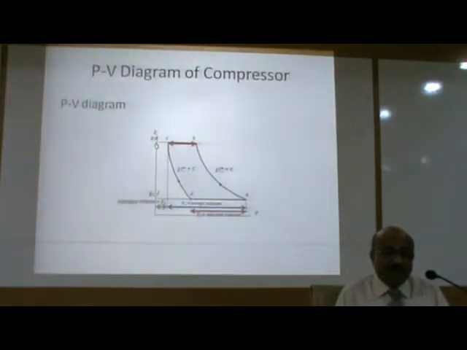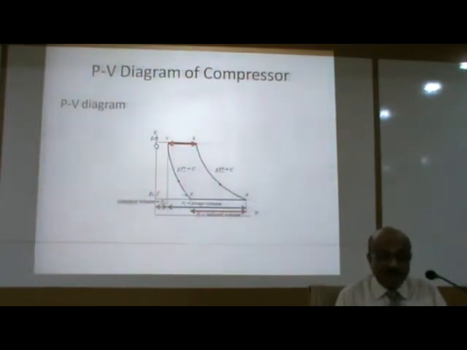Now in this slide, we can see the PV diagram of the compressor. From A to B is the compression, a polytropic process, PV to the power n is constant. Then B to C is the delivery or discharge.